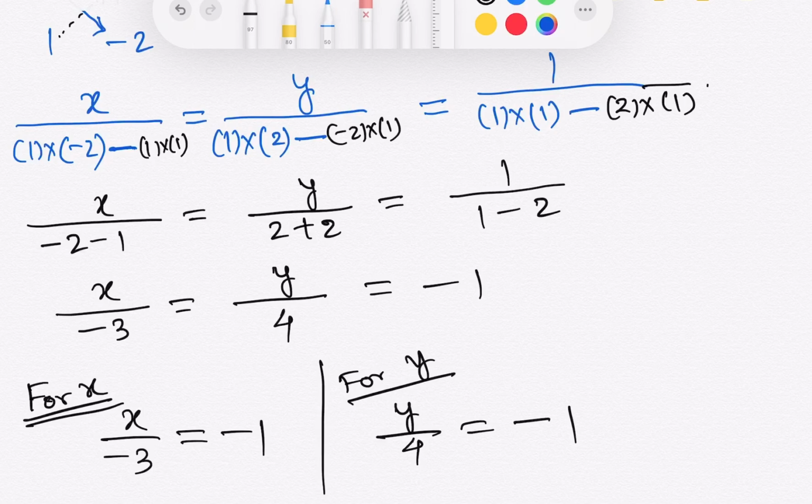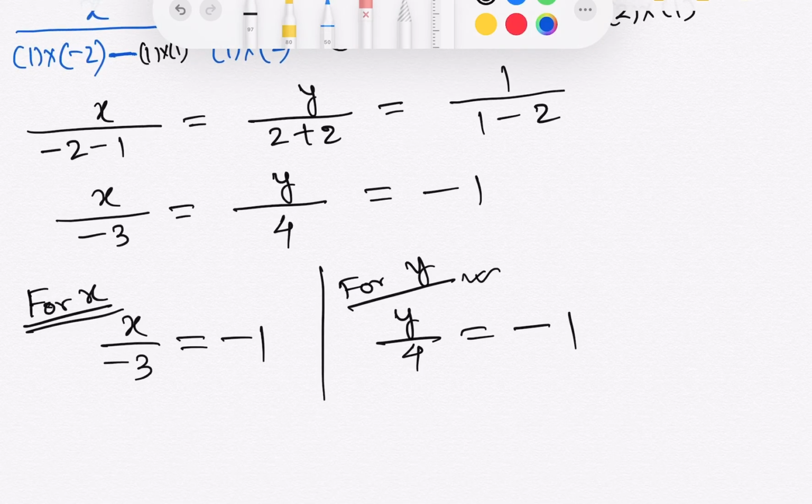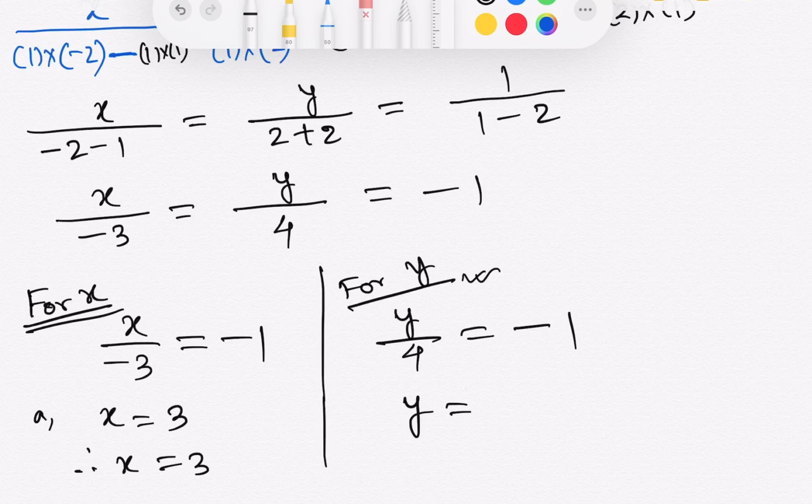So when you calculate the x variable, you write the x variable part and equals the constant part. Similarly, when you calculate the y variable part, you write the y variable part equals the constant part. Now after that simplify here, x equals minus 3 into minus 4 which is plus 3. So therefore the value of x is 3. Now here also therefore y equals minus 4.